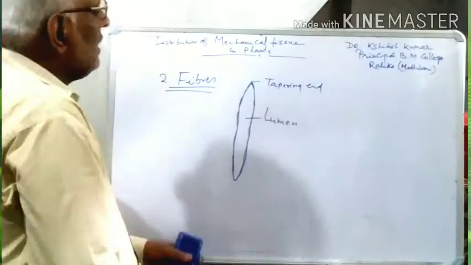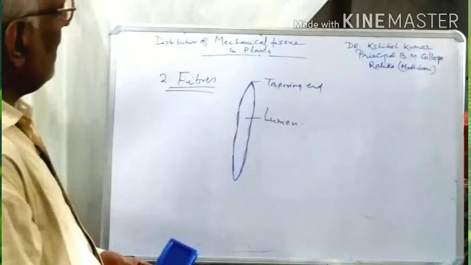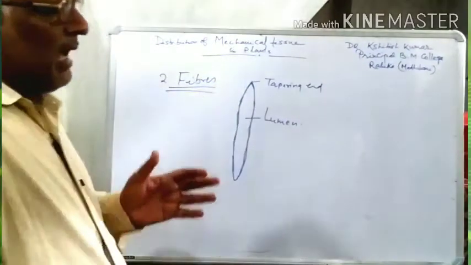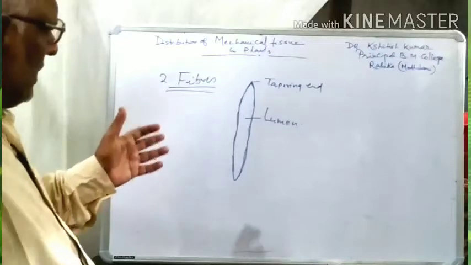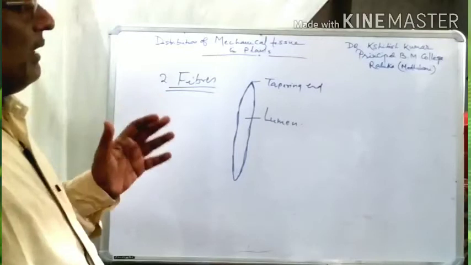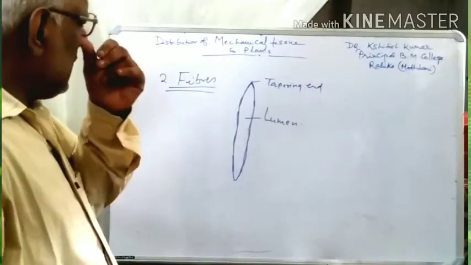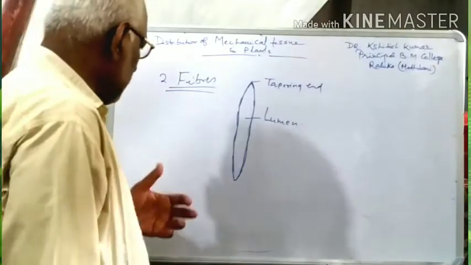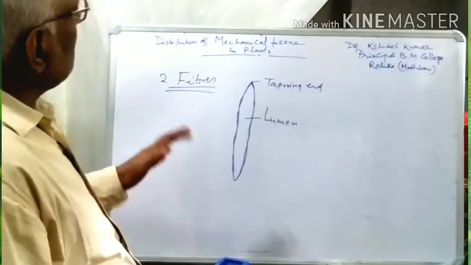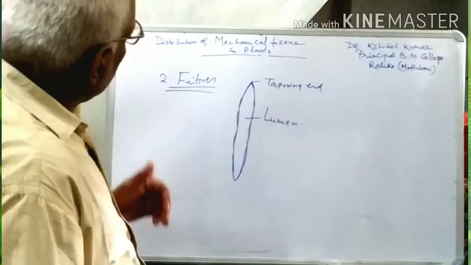So these are the characteristics, and these fibers are of mechanical use for the plant. They give mechanical support and help to overcome flexion and bending, so that the plant may not be broken.